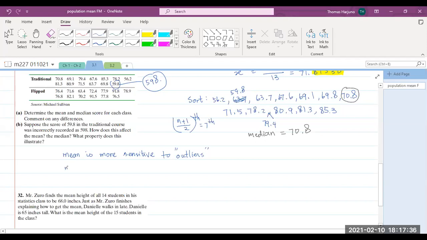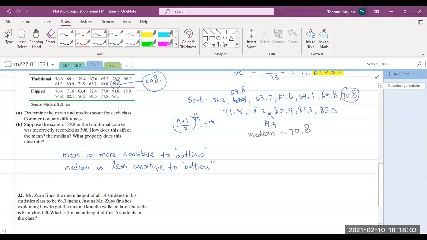The median, however, is less sensitive to outliers. The median may change, but it won't change that much.